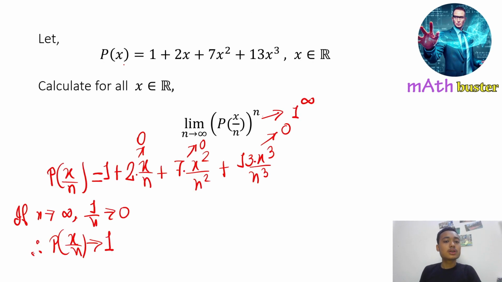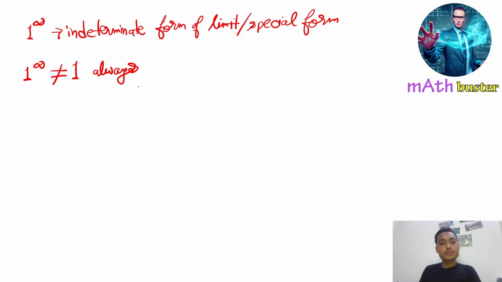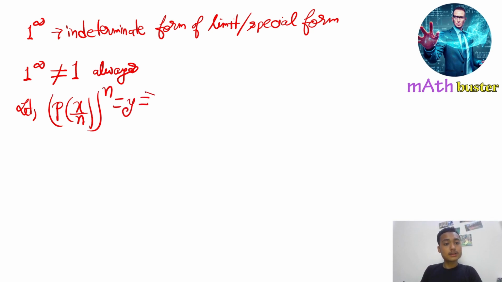Okay. So let p of x by n, whole to the power n, be equal to y. This implies, if we take natural logarithm on both sides, we will get ln of p of x by n whole to the power n is equal to ln of y.